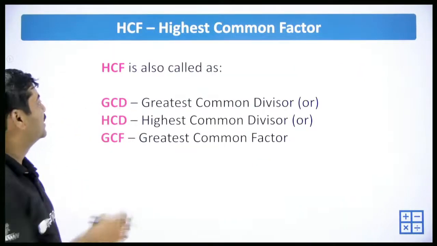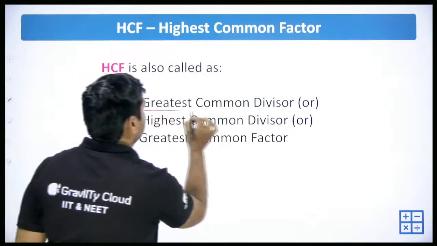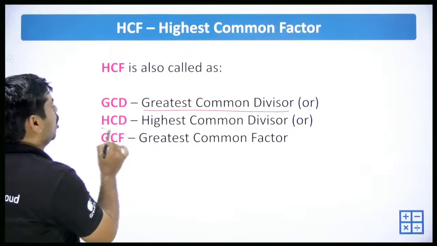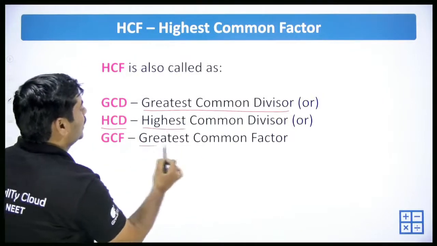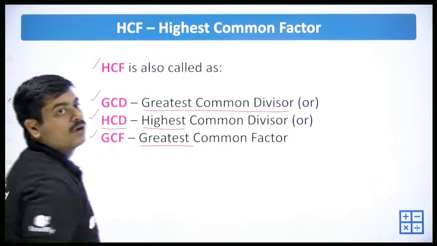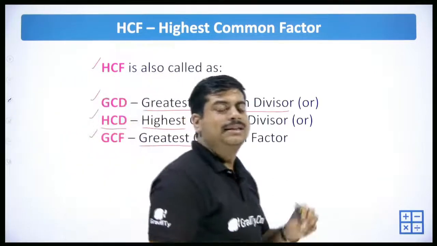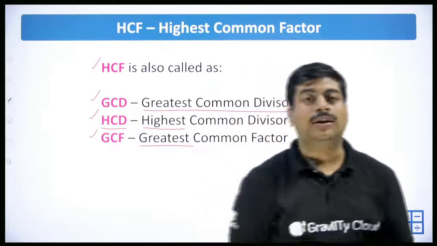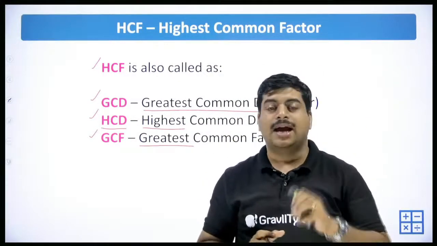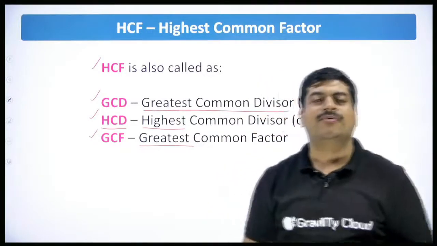HCF is also called GCD, greatest common divisor, or highest common divisor, or greatest common factor. HCF, GCD, HCD, GCF all represent the same thing: we find all the common factors, and the highest one is called the highest common factor.